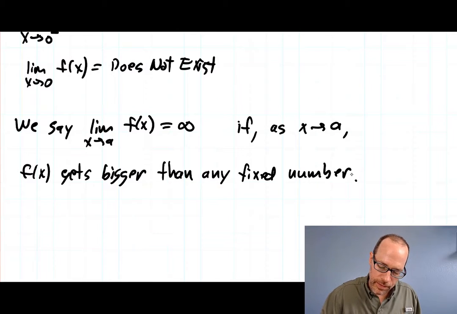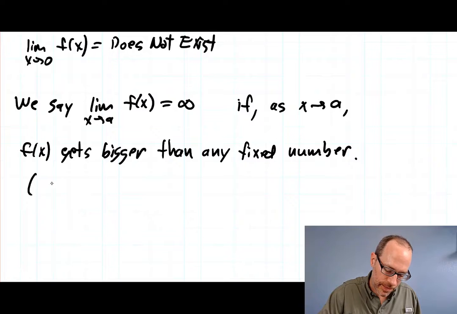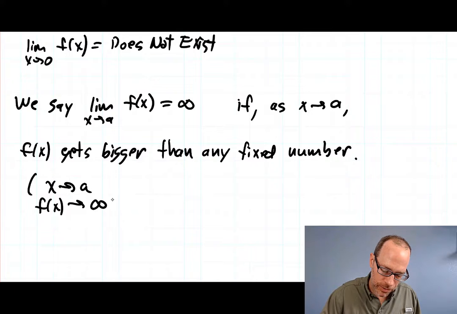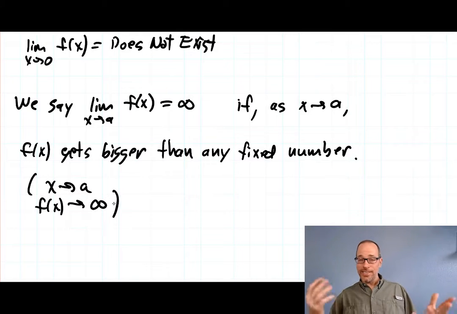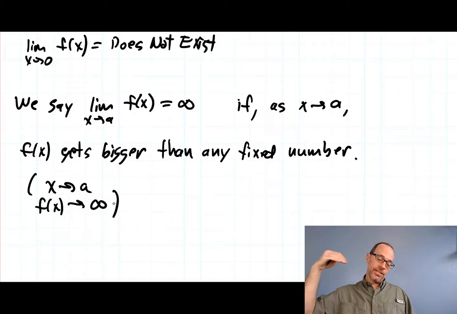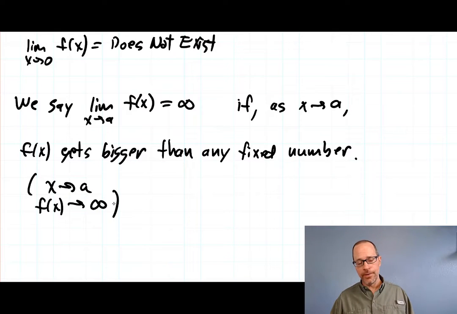In other words, as x is going to a, f of x is zipping along to infinity. You can also head to negative infinity in the same way, in which case you get smaller than any number.